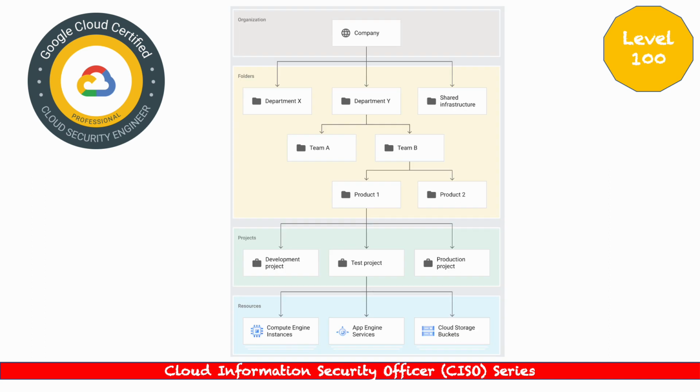Before we get started in this module, let's do a quick recap on the resource hierarchy. This is important because when we're applying organization policies, it all revolves around this resource hierarchy. At the top, you have the company, then your folders, then your projects, and then your resources. This is a new concept if you're coming from, say, Azure or AWS.